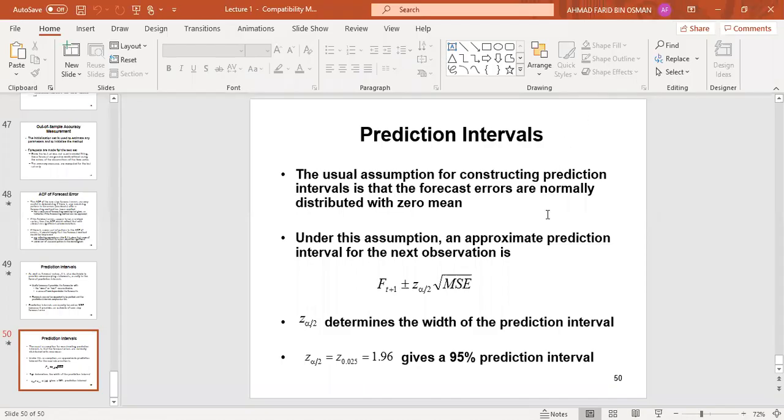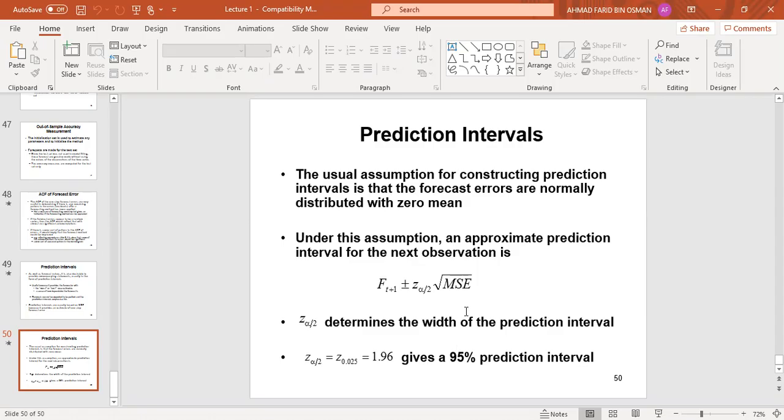The usual assumption for constructing a prediction interval is that the forecast errors are normally distributed with zero mean. Under this assumption, an approximate prediction interval for the next observation is given by this formula: the point forecast plus or minus a critical value Z from the standard normal table times the square root of the MSE. The Z determines the width of the prediction interval.